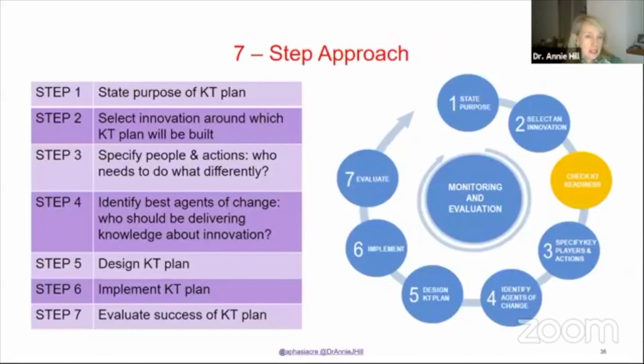It's a 7-step approach, and if you go to that link, you'll see how it's actually broken down. Now, this may or may not suit your setting, but there's lots of other models out there that might help.